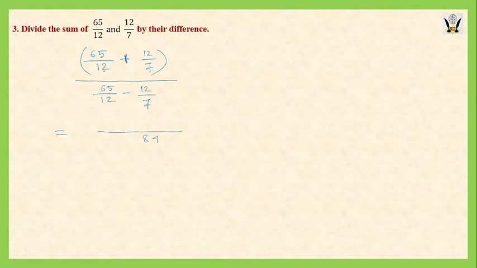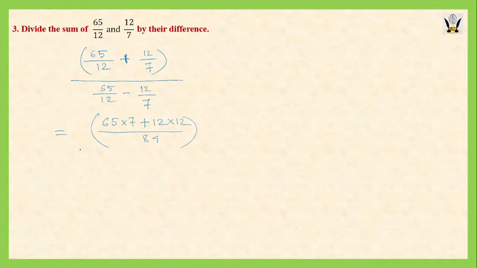And 84 divided by 12 is 7. So 65 will be multiplied by 7, then plus 12 will be multiplied by 12, as 84 divided by 7 is 12. This is basically the result of addition that we have in the numerator of this final division.